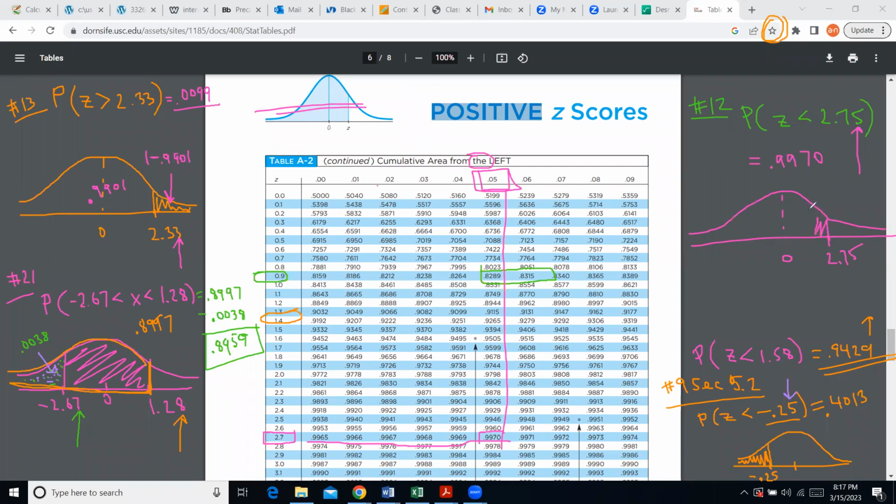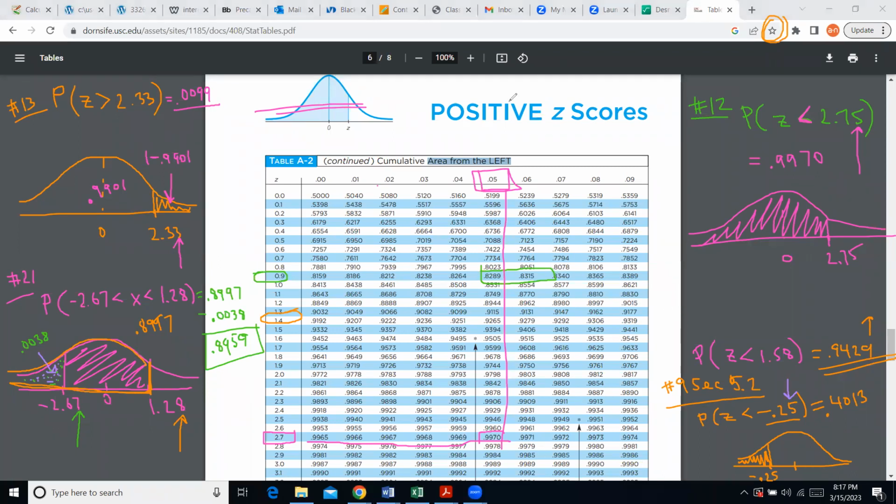And what we care about is z to be less. And when z is smaller, or to the left, that's exactly what my tables provide us with, the area from the left. So that's how tables are designed. They always give you areas from the left.